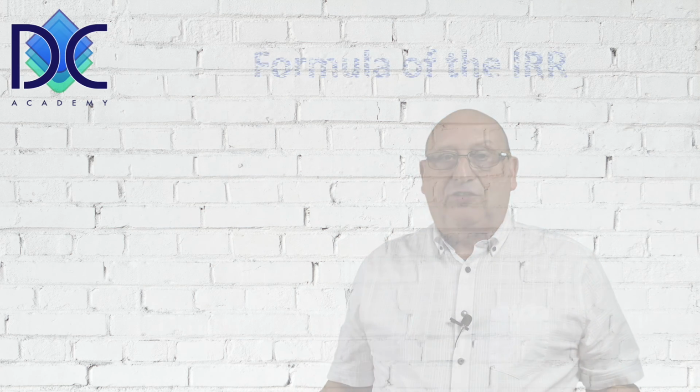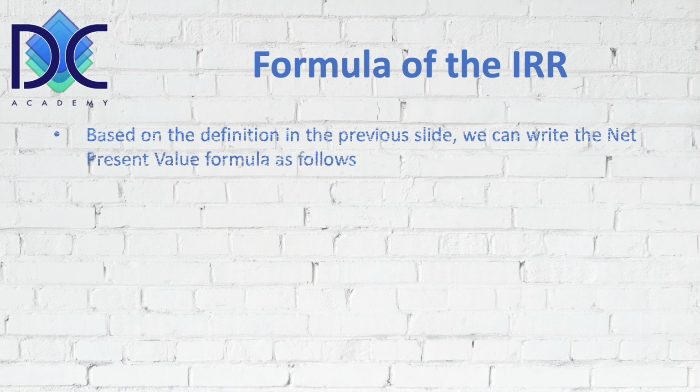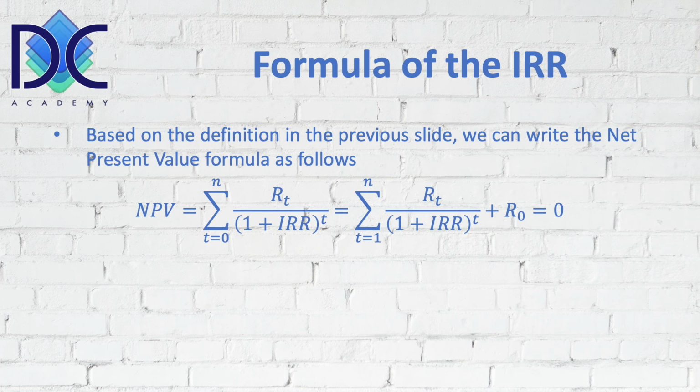Now, when we are going to calculate, we want to find that value. When we look at the formula of the net present value, we see that this is a formula in which you have to put the interest rate, but we cannot really find an expression which gives us the interest rate as a function of the initial investment and the cash flows.